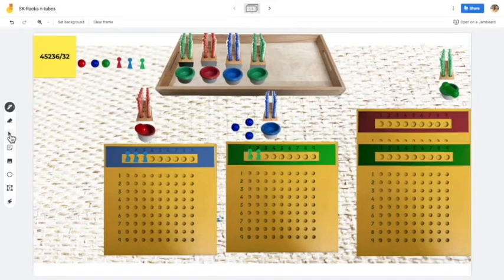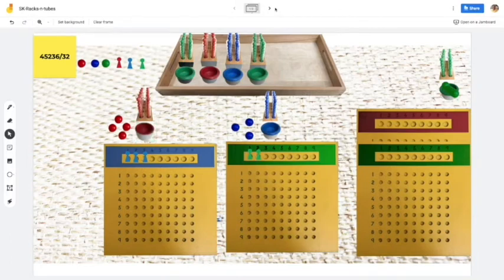So we have 3 tens and 1, 2, 3, 4. 400 beads and no more beads in the bowl.